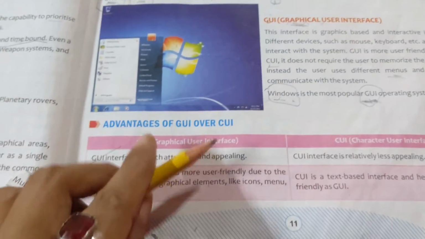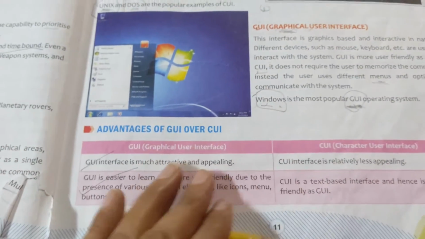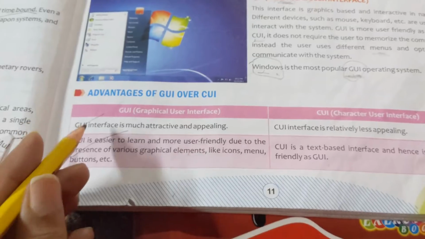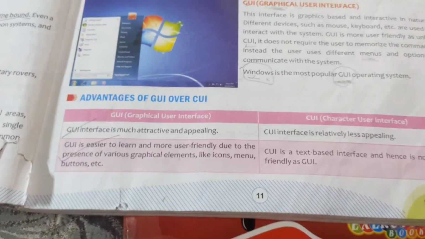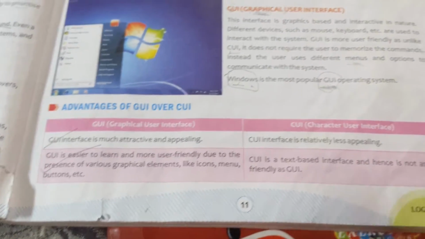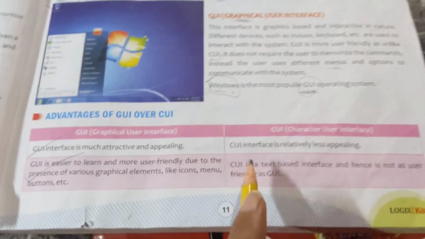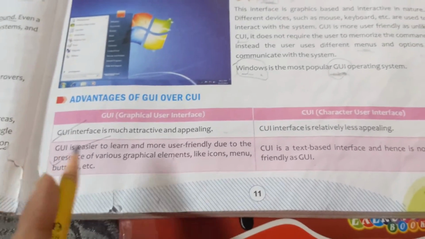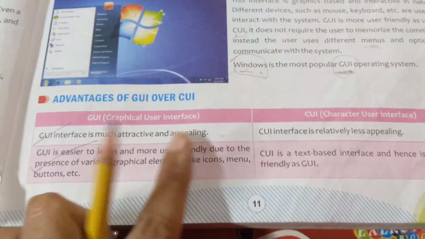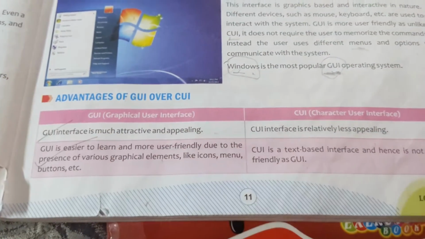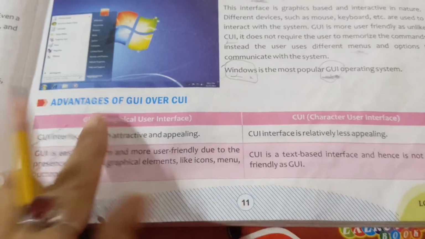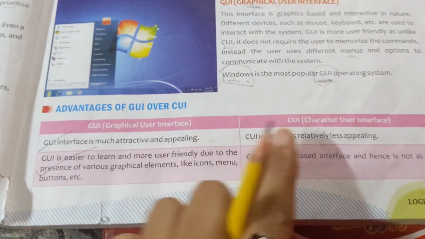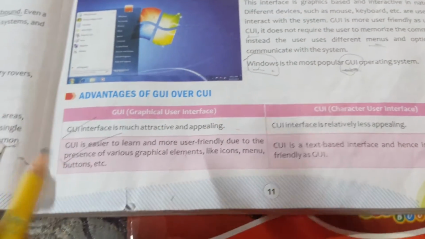So here are the advantages of GUI over CUI. So let's read it. GUI is much more attractive and appealing. Agree? CUI is relatively less appealing. That means appealing or attractive, that means it pulls you towards that operating system, but it doesn't work like that.